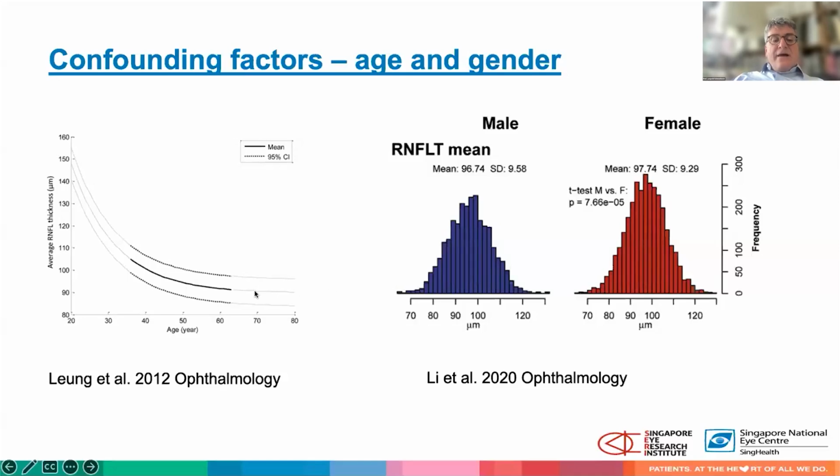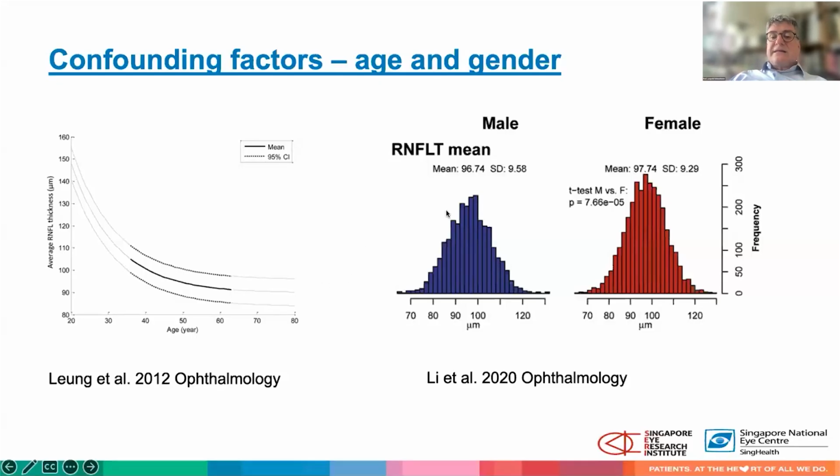And this is something that needs to be considered, not every decline that you see in the retinal nerve fiber layer is due to glaucomatous damage, but it can also be a sign of aging.